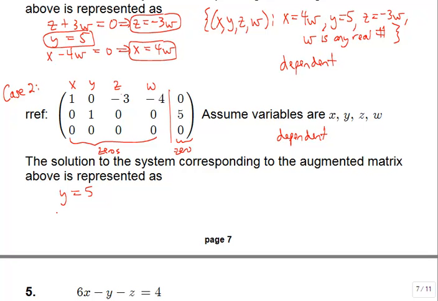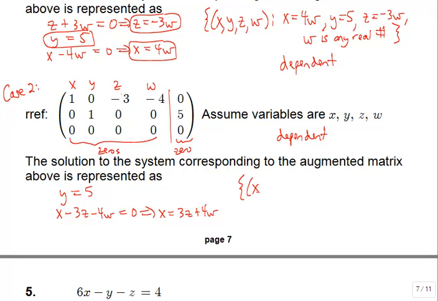The top row tells me that I need 1 X, a minus 3Z, a minus 4W, and that's supposed to equal 0. What I like to do is solve this for X. Since X has a coefficient of 1, I can just add the 3Z plus the 4W over to the other side.